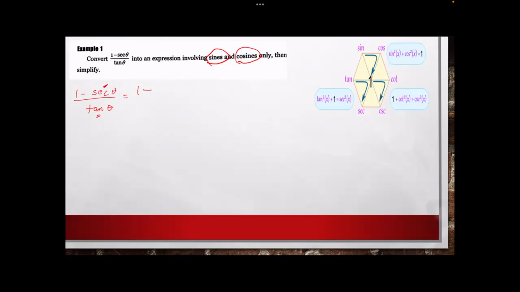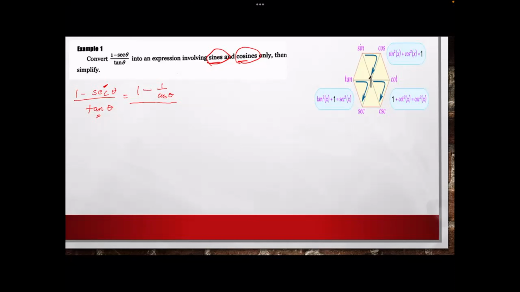1 over cosine theta po. Okay, so magkakaroon tayo ng 1 over cosine theta all over. Ano yung possible ipalit natin kay tan theta? Meron na siyang sine and meron na siyang cosine, puro na yun. 1 over cotangent po.